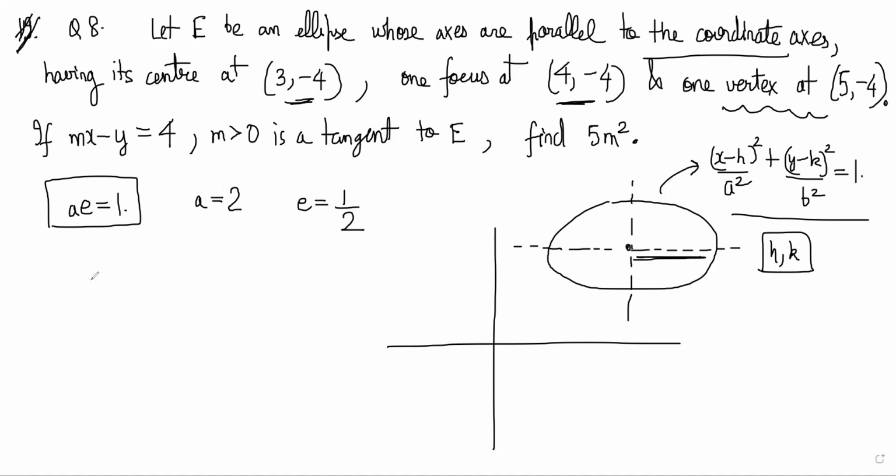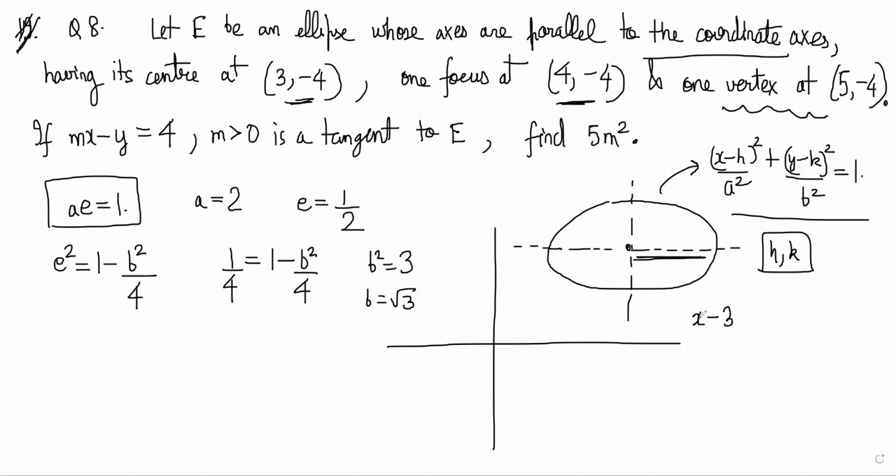So B is also known. 1 by 4 is 1 minus B square by 4, so B square must be 3. So B is root 3, right?